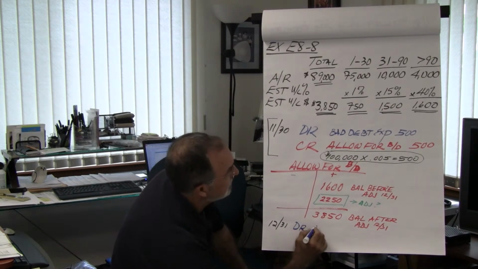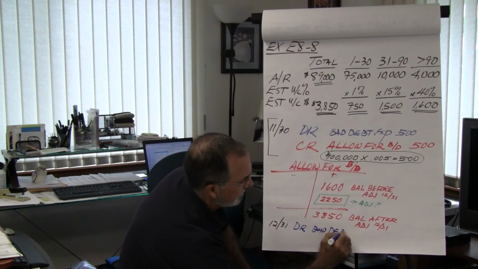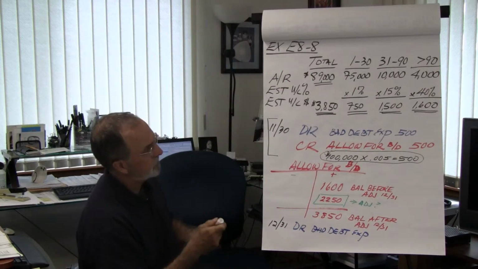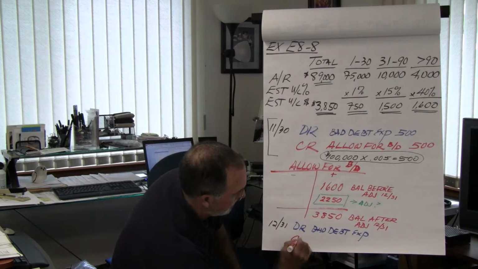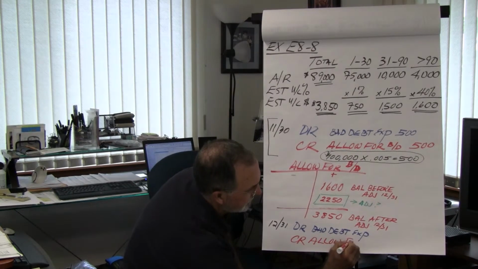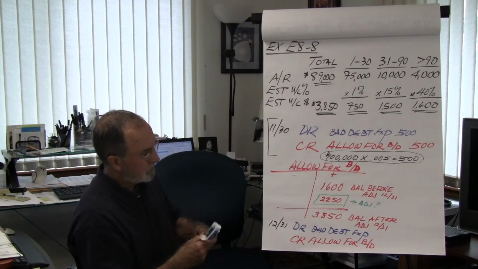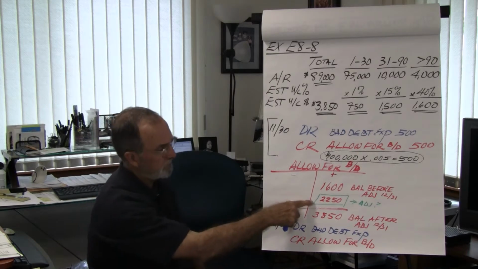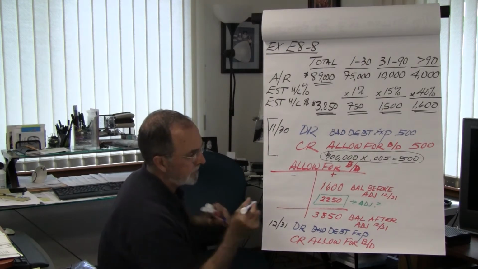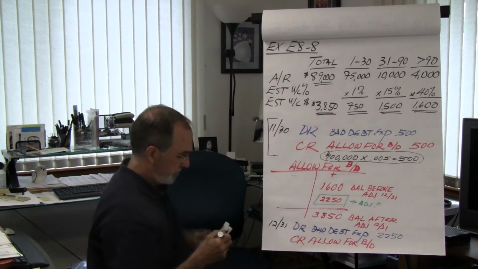We would debit bad debt expense, and we would credit the allowance for bad debts, and the amount of our entry is the amount we had calculated in this T account, and that amount is $2,250.